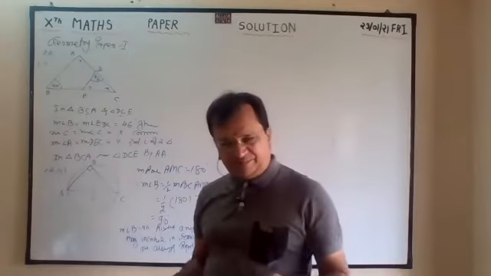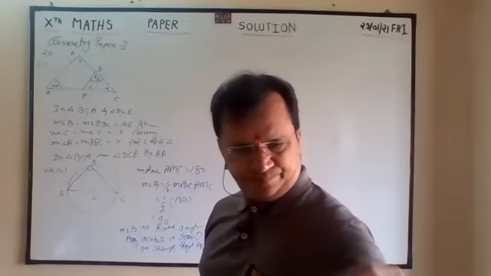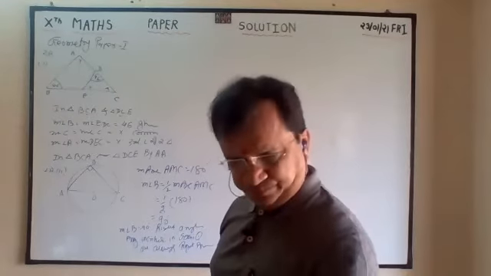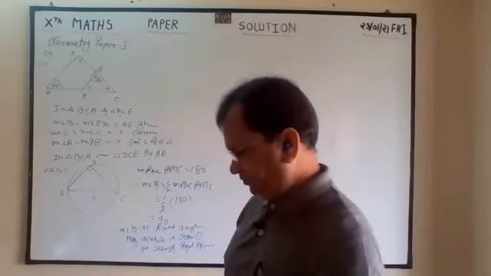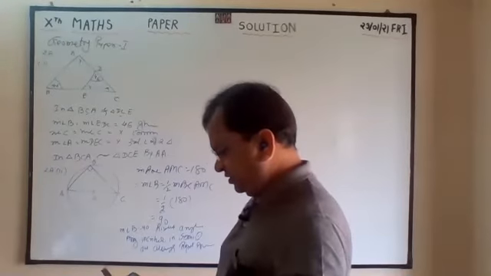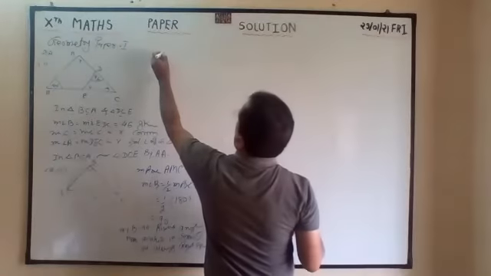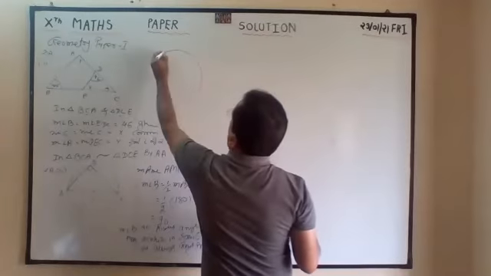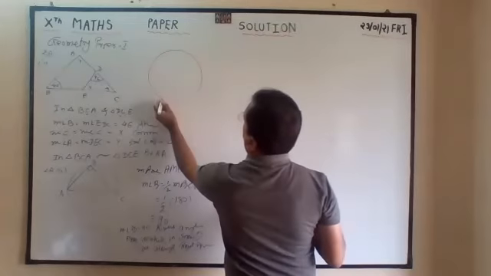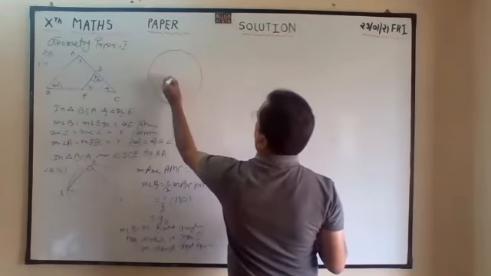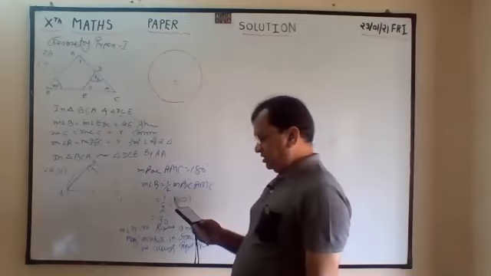Now they have given the steps. According to that, we have to draw. Draw a circle of radius 4, center O. Take a point P on the circle.